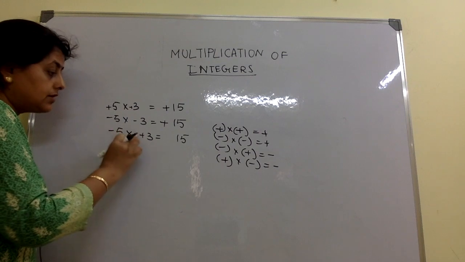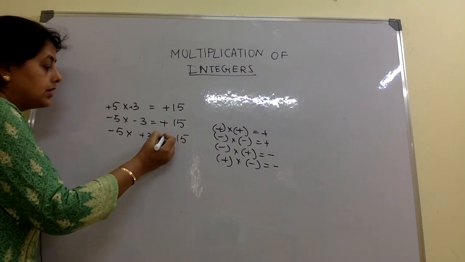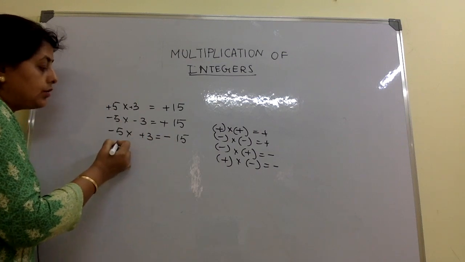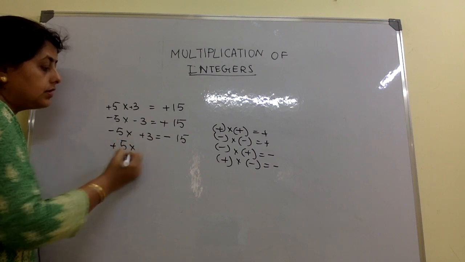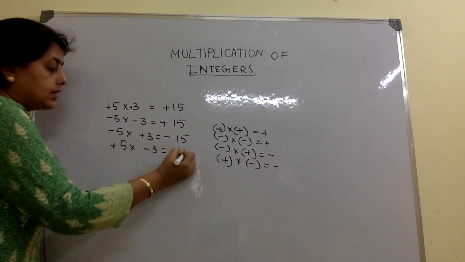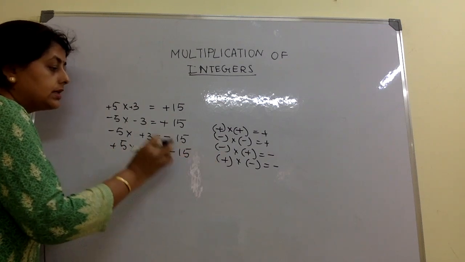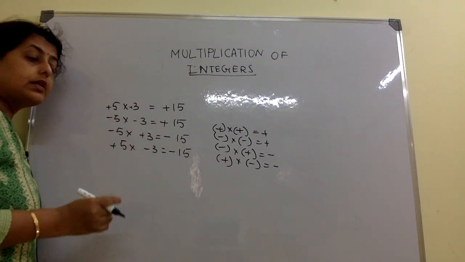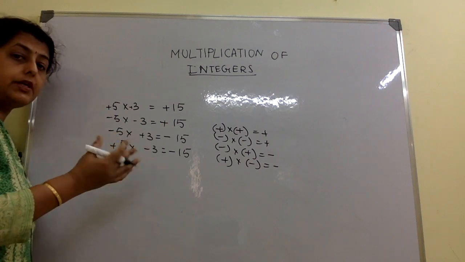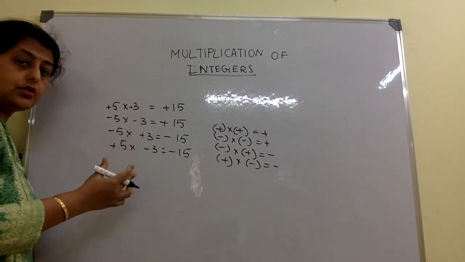Minus with plus is going to be minus. Now plus 5 with a minus 3 is again minus 15. Plus into minus is minus. So this is the very basic idea of multiplication of integers.